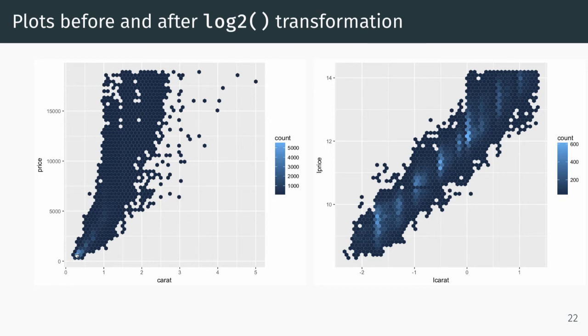It's hard to see on here, but the lighter colored tiles reflect where there's more data. And similarly, the lighter colored tiles reflect where there's more data here. But because they're in these vertical stripes, it becomes obvious that there are certain weights, like 1 carat or half a carat or a third of a carat, that are very popular, because that's what people like to sell.